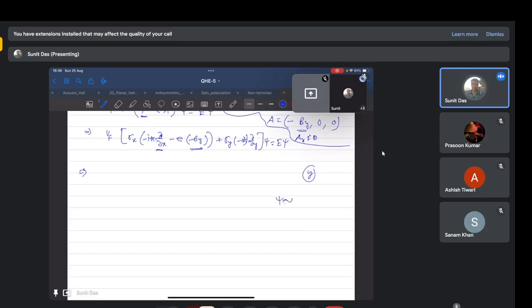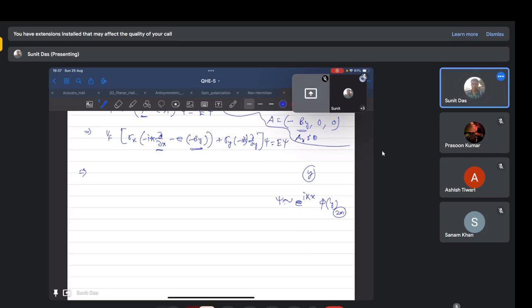The wave function should look like a free dispersion along kx, given by e to the power i kx x, and then there will be some phi of y, which again has a 2 by 1 spinor structure along the y direction.